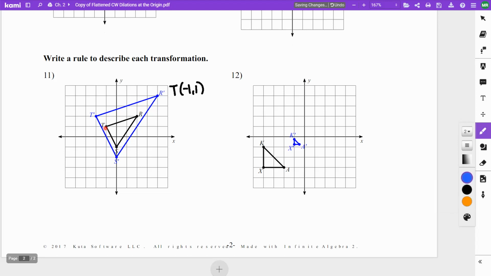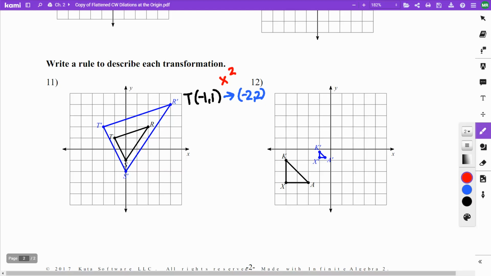And then the one in blue is now at 1, 2, -2, 2, which means that I am doubling this. So this is a dilation of 2 centered at 0, 0, which is everything on this worksheet, 0, 0.